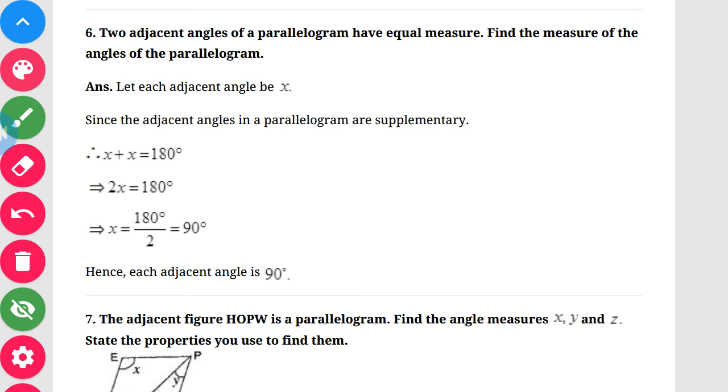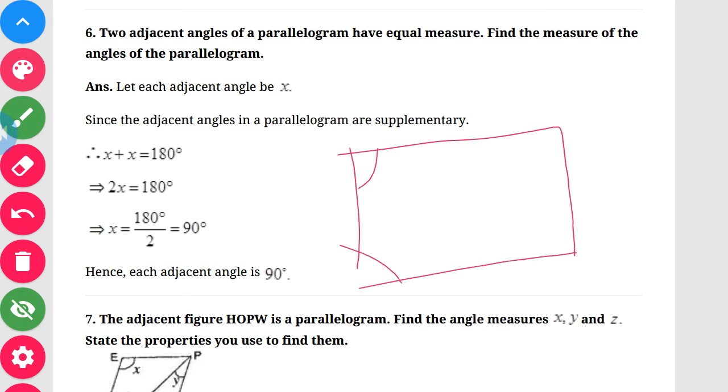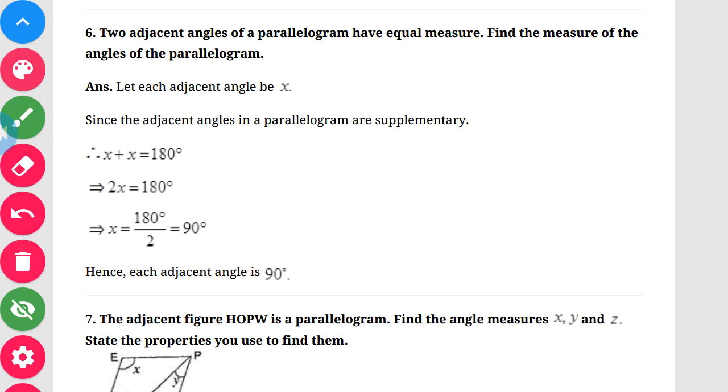If two adjacent angles are 90 degrees, we know opposite angles are equal, so the others also become 90 degrees. So this is a square or a rectangle, it may be anything, because in a square and a rectangle all angle measures are 90 degrees. Fine, we'll go with the next one then.